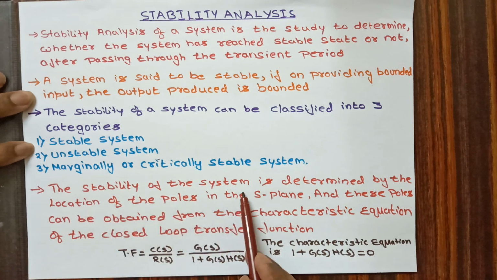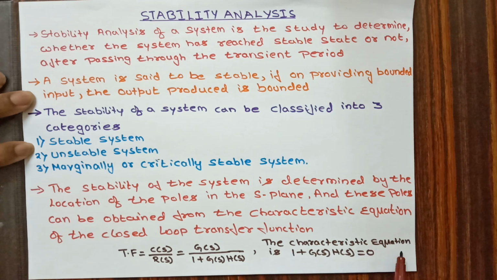The stability of the system is determined by the location of the poles in the S-plane, and these poles can be obtained from the characteristic equation of the closed loop transfer function. We know transfer function is equal to Laplace of output C(s) by Laplace of input R(s), is equal to G(s) divided by 1 plus G(s)H(s).